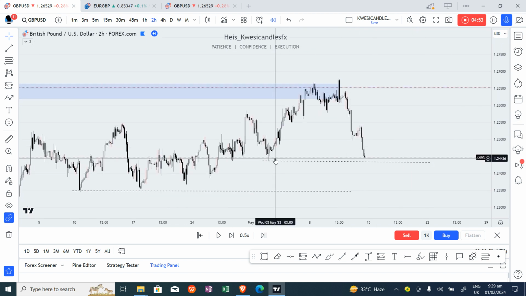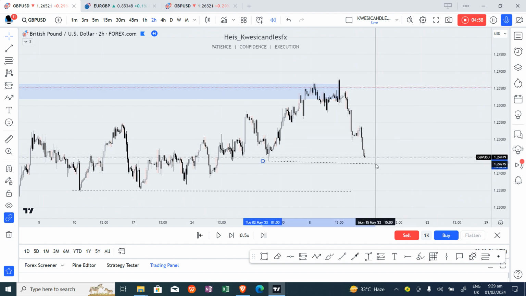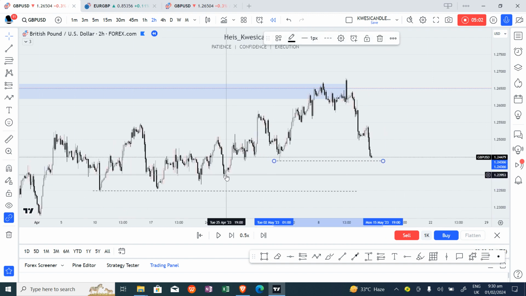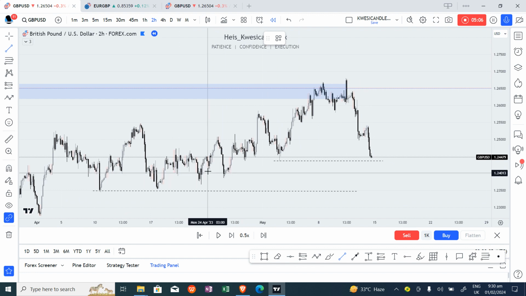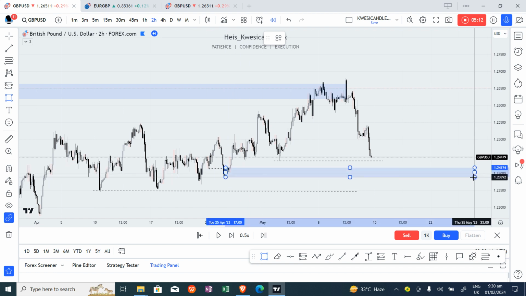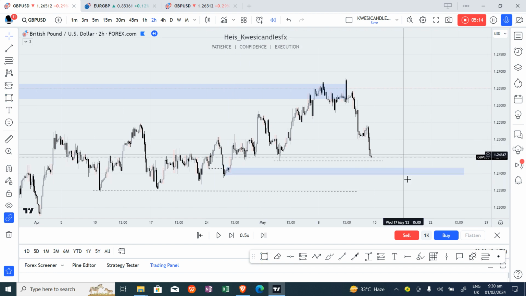So now this is my next liquidity target for the zone. Then my next zone will be around these areas. It took out liquidity, my next zone will be here.